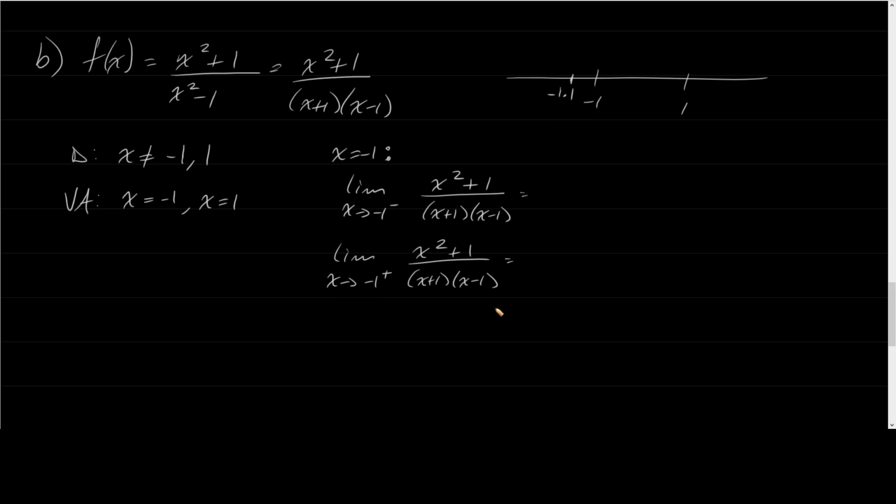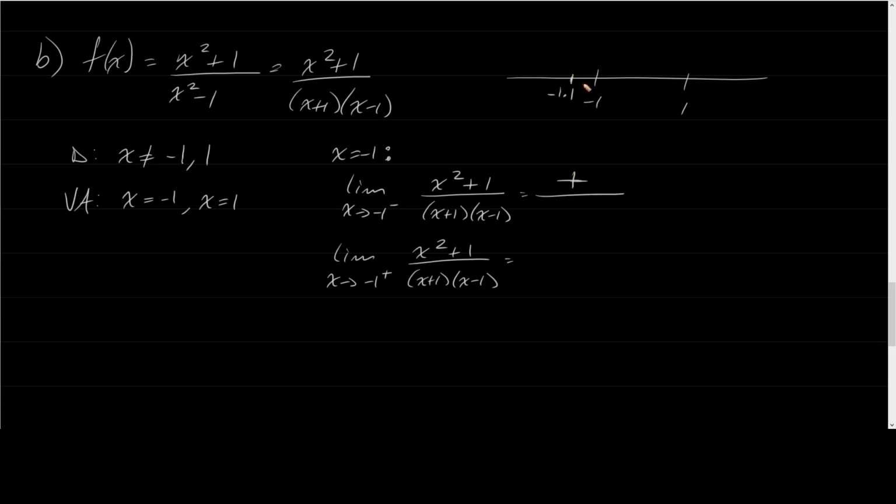And again, all we care about is the overall behavior. Now let's look at the numerator, all right? The numerator, we've got x squared plus 1. It doesn't matter what we plug in for x there because we're going to be squaring it. And when we square it, it's going to be a positive value. And then that positive value plus 1 is going to be an even bigger positive value. So overall, the numerator is always just positive.